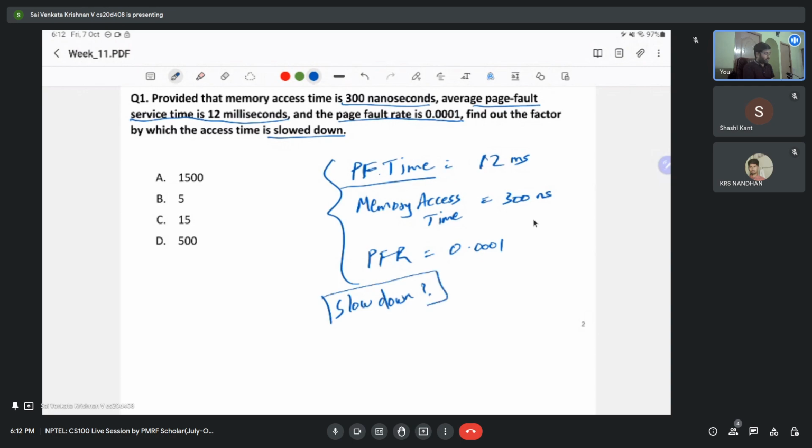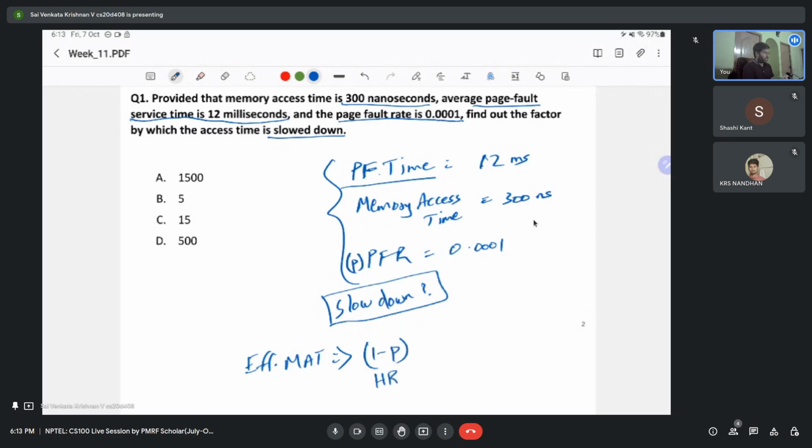So given these three pieces of information, they are asking us to find the slowdown. Any guesses what the slowdown might be, or how do you go about calculating it? Right, the approach is very simple. First, we should calculate the effective memory access time. So this is the page fault rate, we take this as p. So 1 minus p is like the hit ratio.